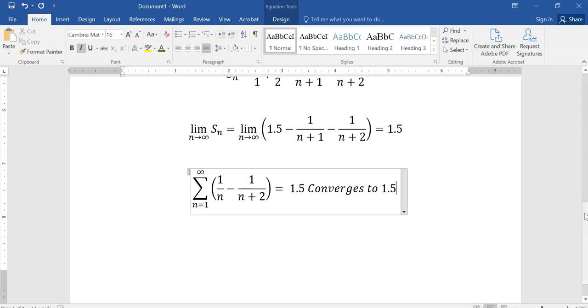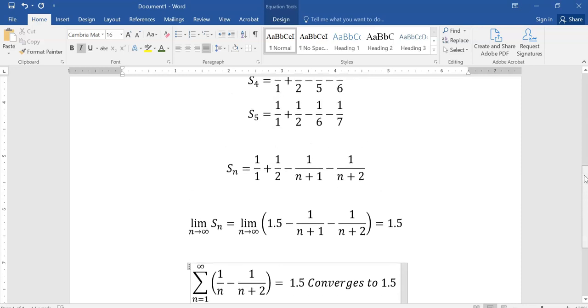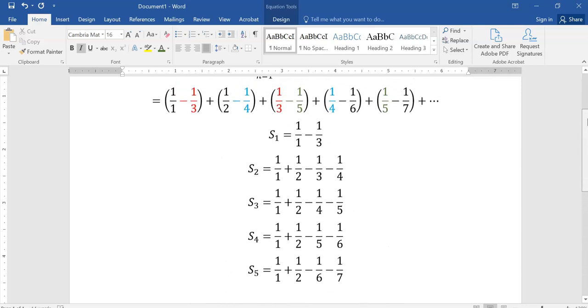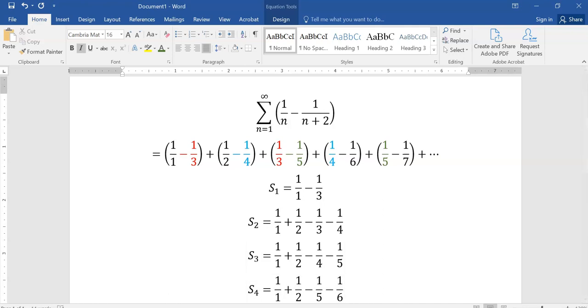So again, that's a unique situation in that it's telescoping, that essentially as we start going, this 1/3 gets canceled out with this 1/3. Then the next step, this 1/4 gets canceled out with this 1/4. 1/5 gets canceled out with this 1/5. And if you kept going, again, 1/6 would be canceled out with a 1/6 over here.